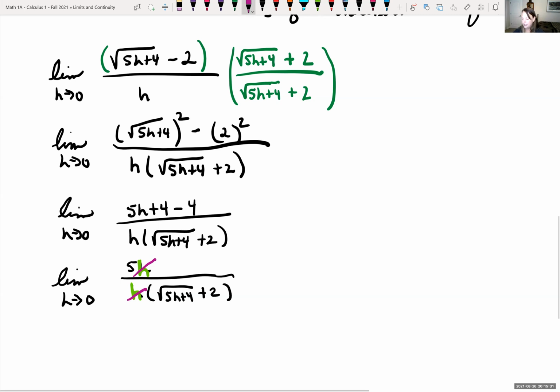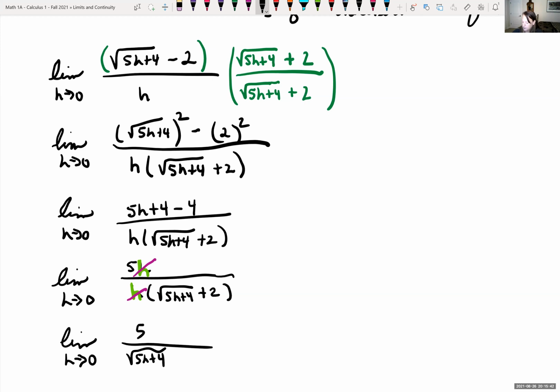So now, by simplifying and manipulating, we have the limit as h goes to 0 of 5 all over the square root of 5h plus 4 underneath the radical, outside the radical plus 2. So with direct substitution, we're not going to get an indeterminate form anymore. So plug in 0 wherever you see an h.